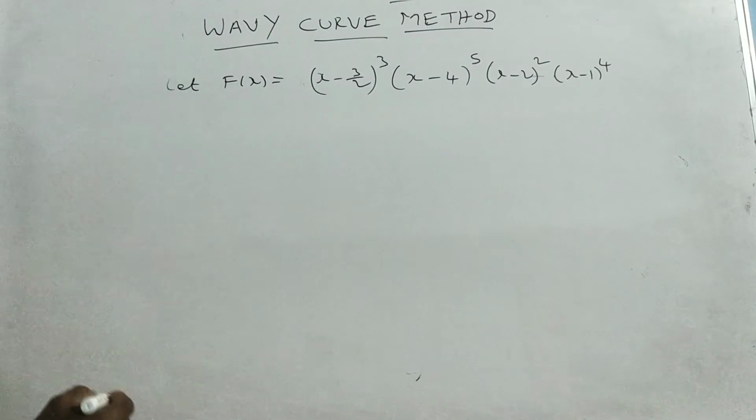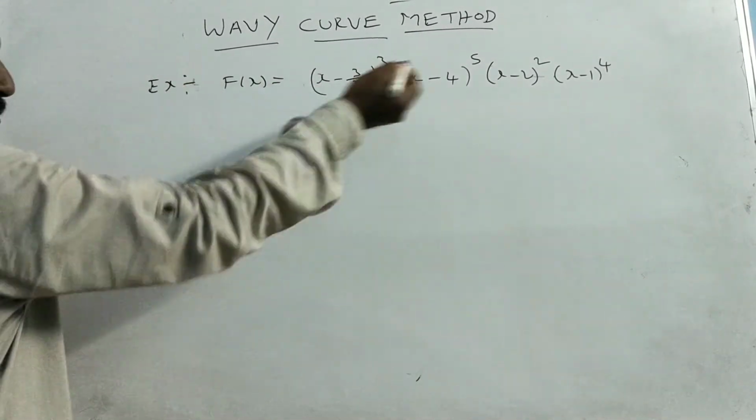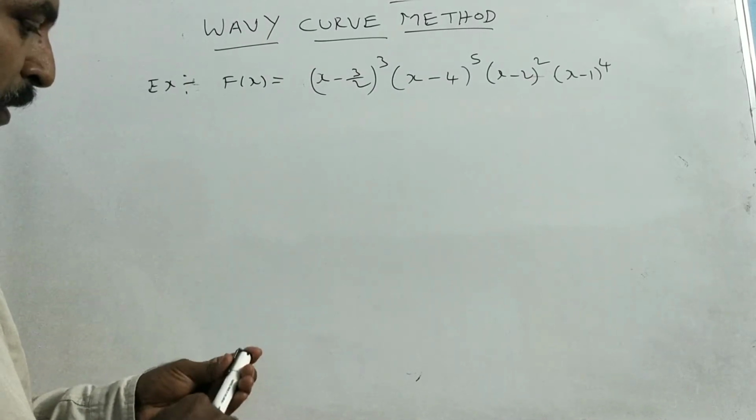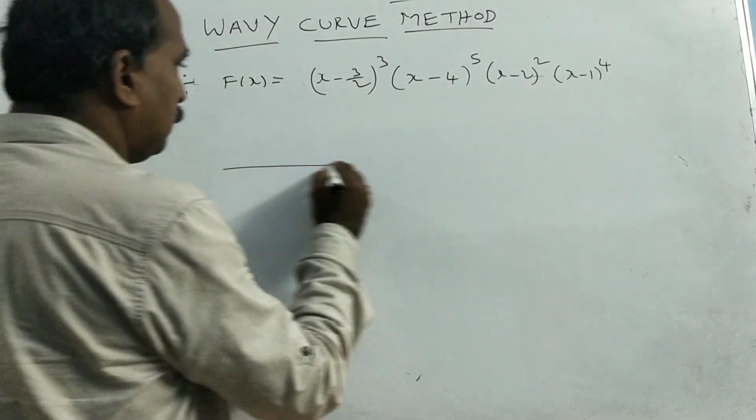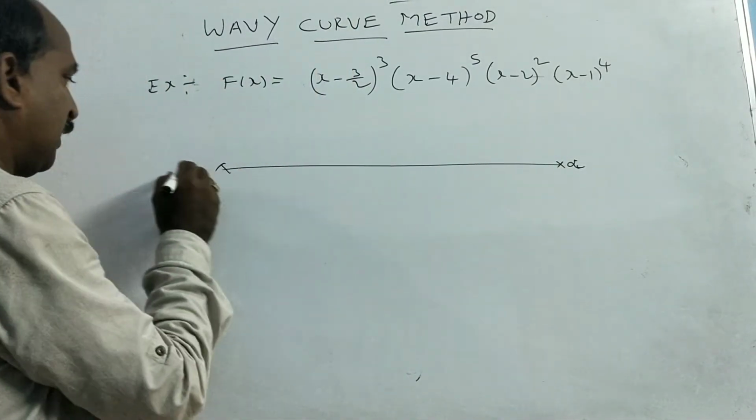Suppose another example, if f of x equal to this one, take the real line. This is the real line. Put infinity here and minus infinity here.